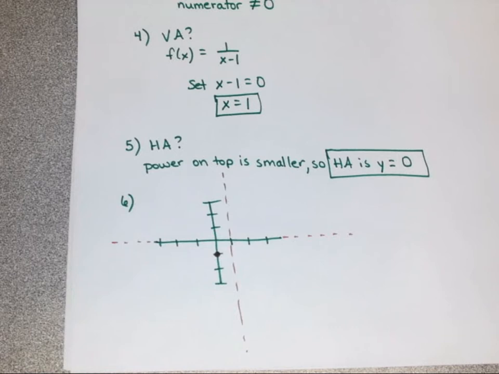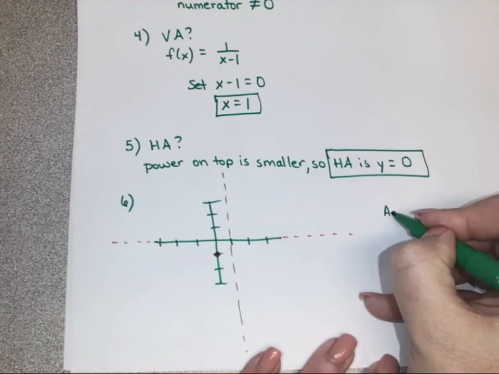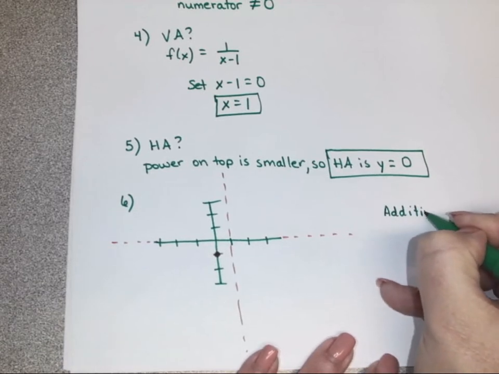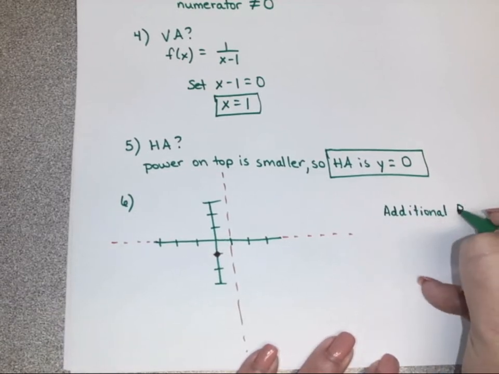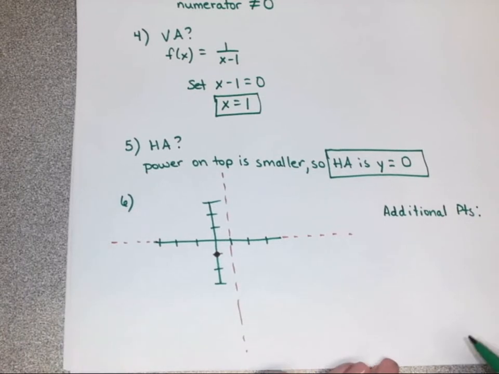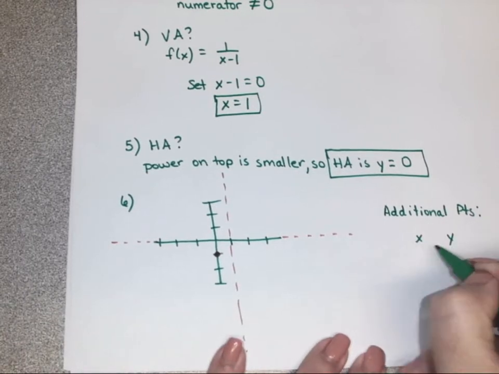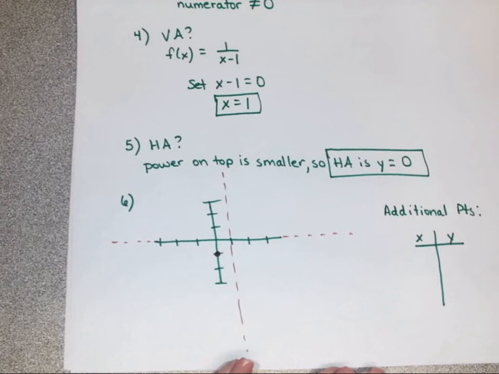So can you see that we don't have near enough info here, right? We only have actually how many points total? We only know 1 point, but we do have some boundaries that the graph's going to get super close to. So really important on the test that you know how to pick the additional points. My suggestion to you is you can pick as many as you want. Remember I told you MyLab's going to pick quite a few for you, and make you plug them in.